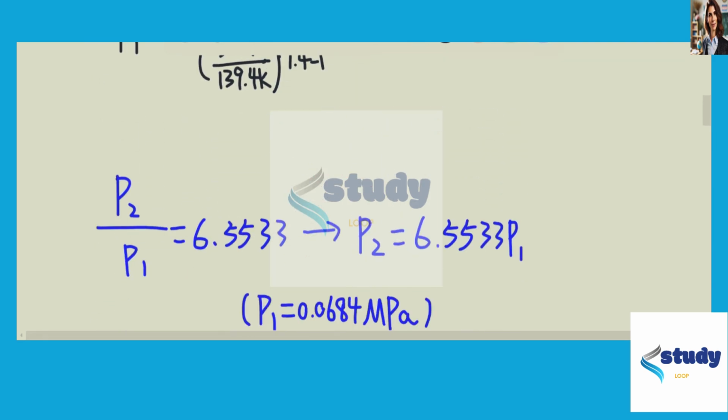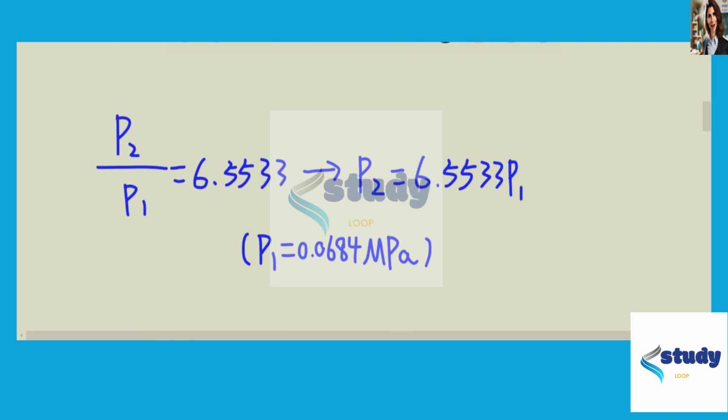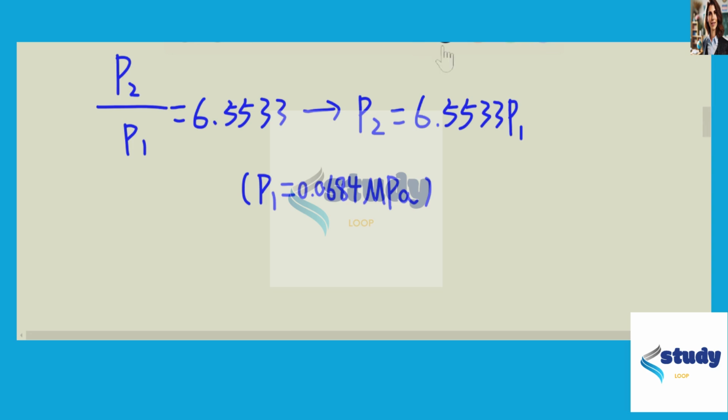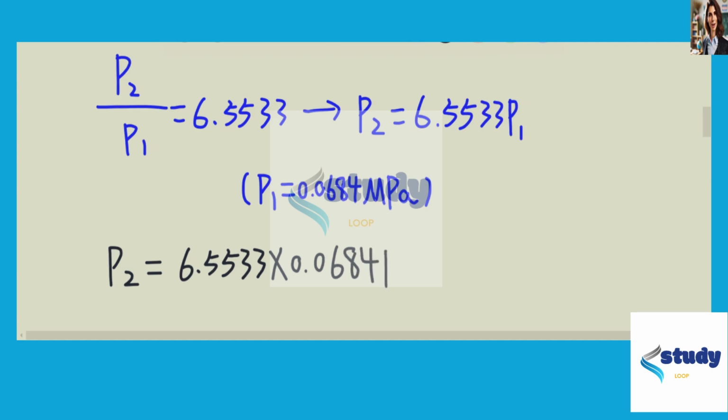So now let's determine the pressure after the shock, which is P2 here. So now let's plug back into the equation. So we have P2 is equal to 6.5533 times 0.0684 megapascal. Sorry, the unit here should be megapascal.